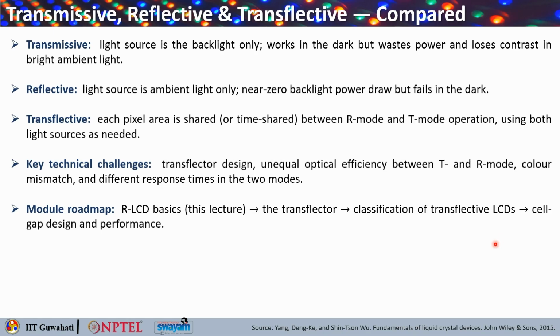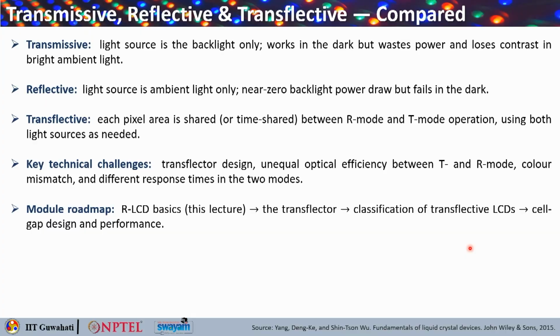It gets in through the front, bounces off the rear mirror, and then comes back out from the front again. So, in the reflective mode, the light makes a double pass. That is why the reflective cell gaps end up typically nearly half of that of the transmissive one, so that you can match those.